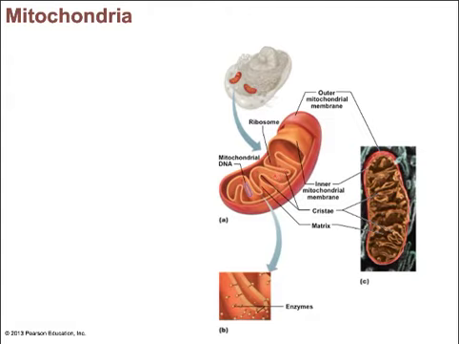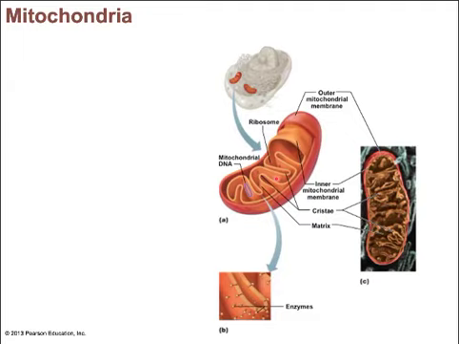Underneath the inner membrane, in the core of the mitochondria, is what's called the matrix, and the matrix contains ribosomes that are similar to bacterial ribosomes and DNA similar to bacterial DNA. And the chemical reactions that go on in the matrix are also part of the collection of chemical reactions that generates ATP for the cell, and those are the Krebs cycle reactions, right?